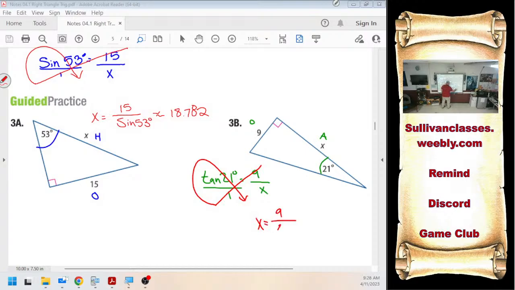X is 9 over tangent of 21. So this is how I want us to write our answers, both as an expression and also as a decimal approximation.